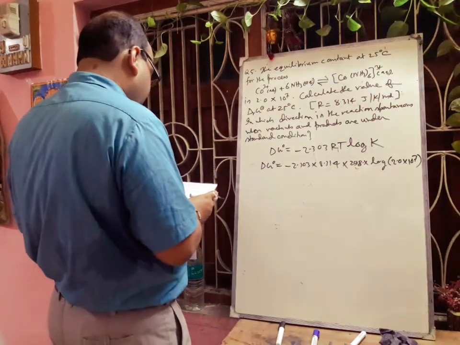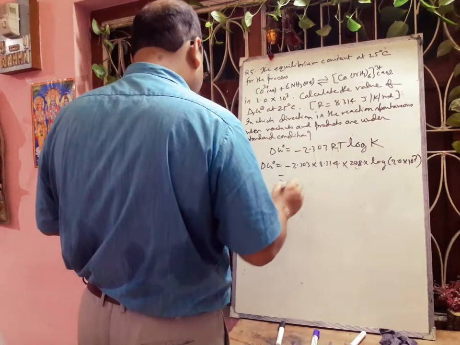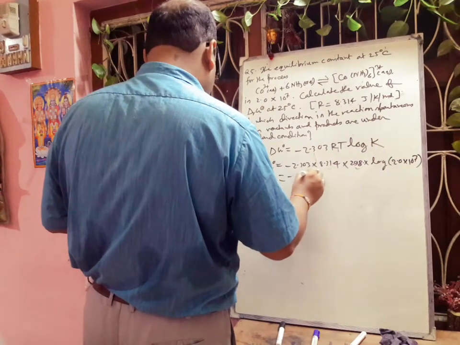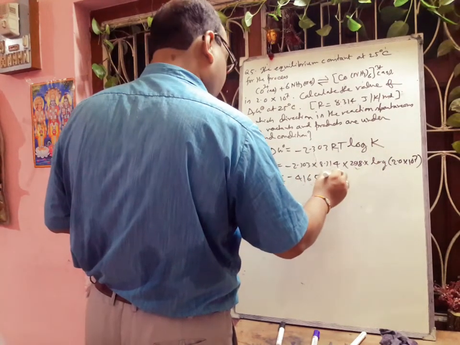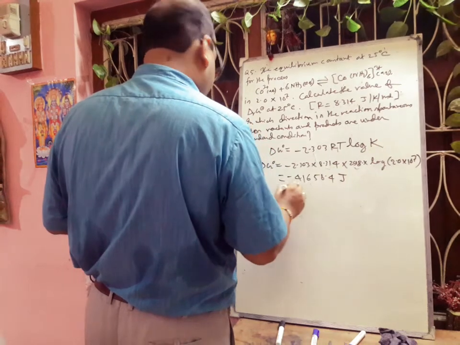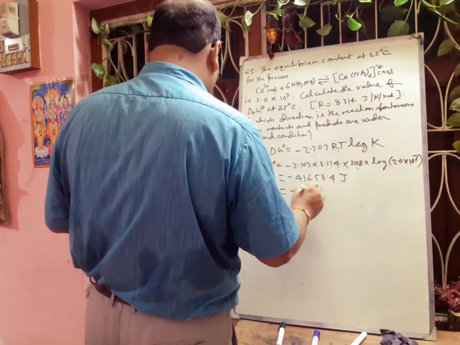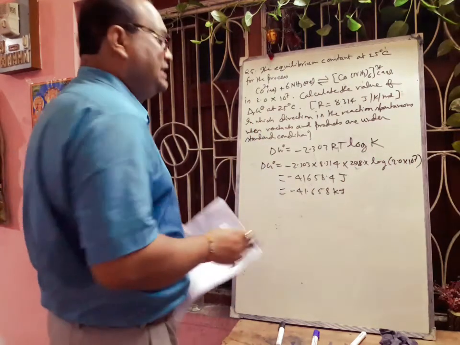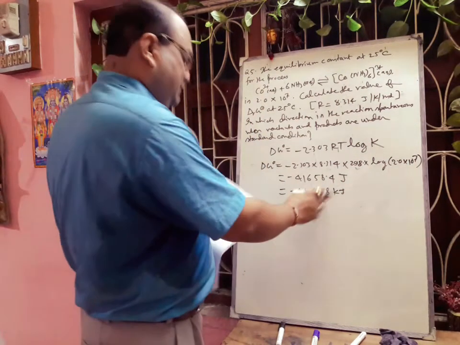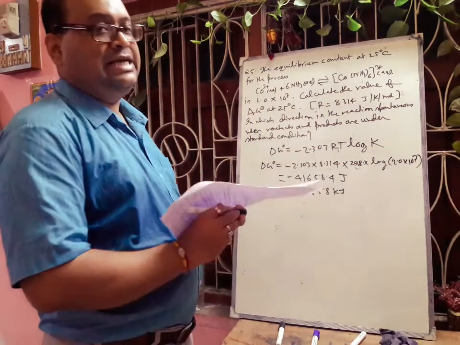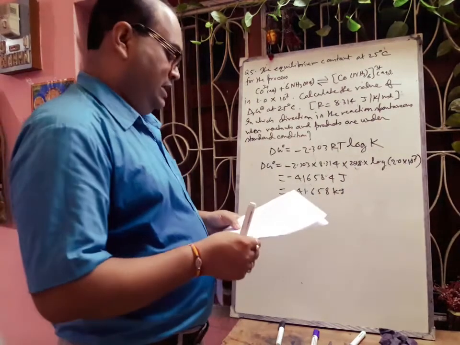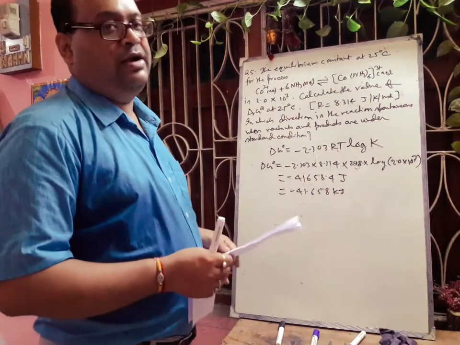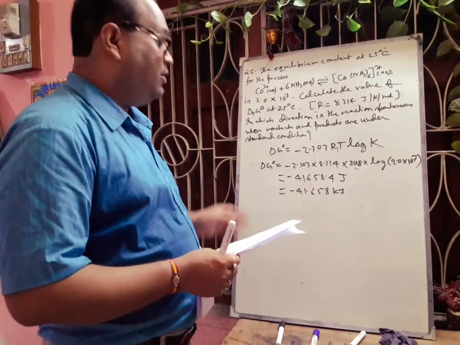If we calculate this value, we will get minus 41,658.4 joule, equal to minus 41.658 kilojoule. Since the delta G value is negative, the reaction is spontaneous and it will go in the forward direction.